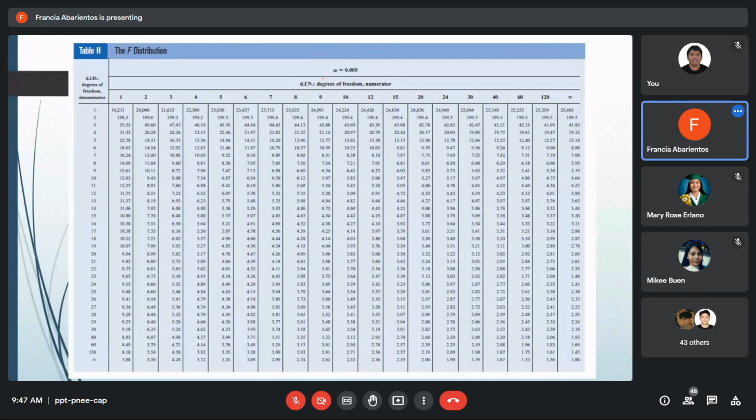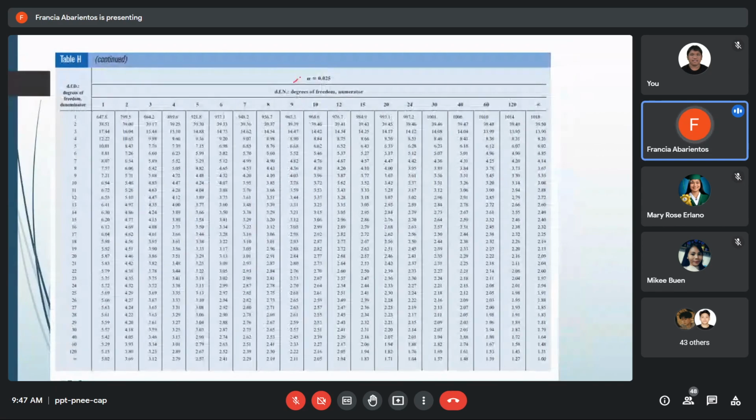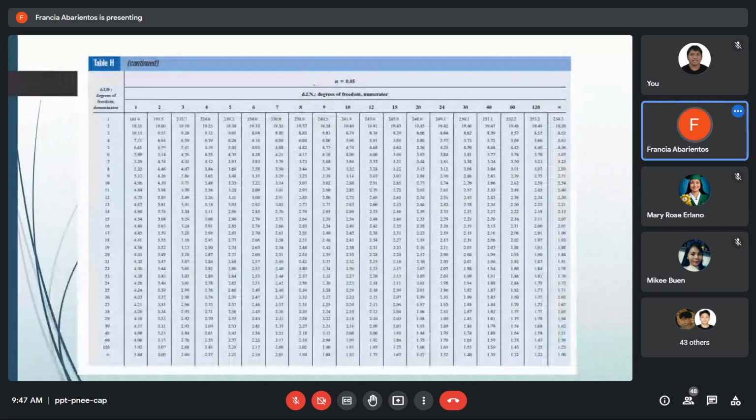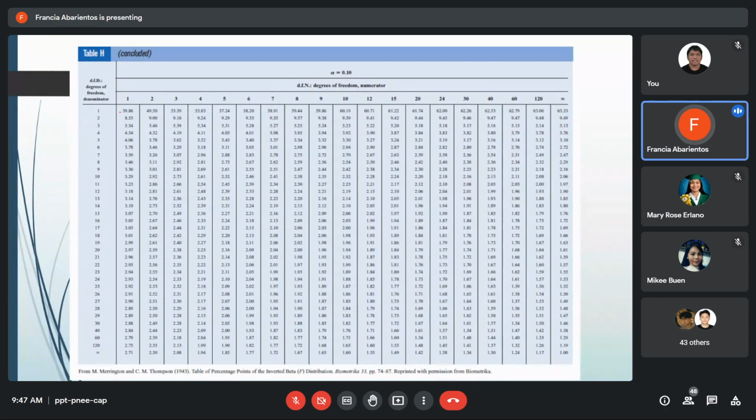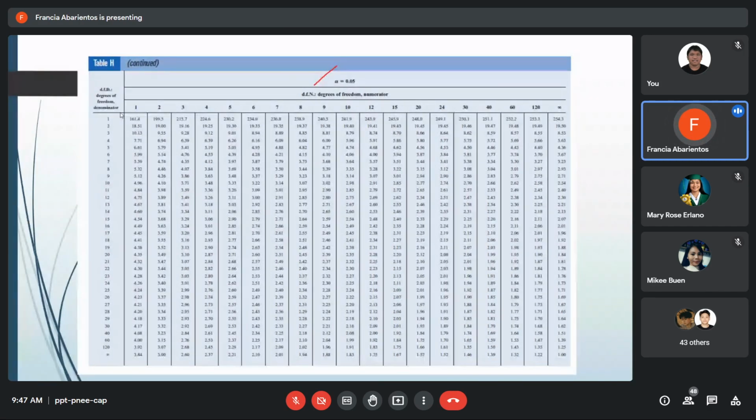Here is where it differs: look for 0.05, 0.01, 0.025, and 0.05, and the degree of freedom of the numerator and the degree of freedom of the denominator. So, these are the tables that are used in testing the hypothesis.